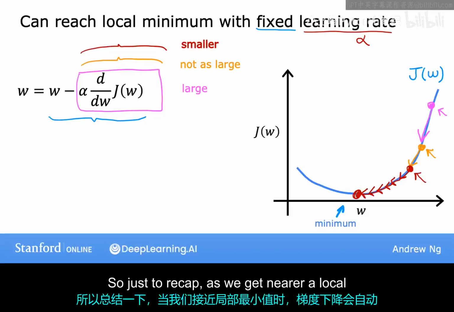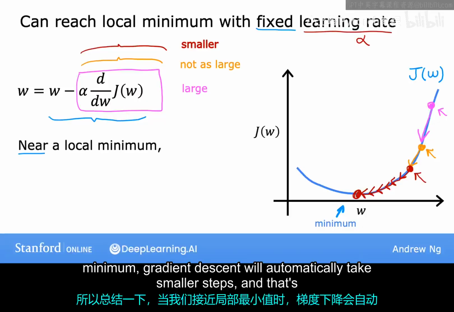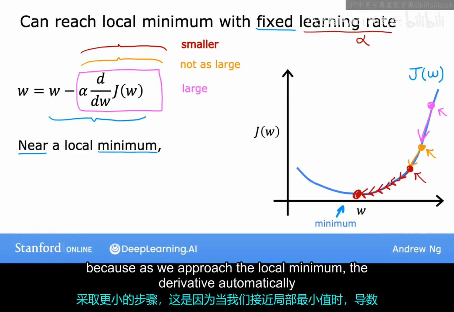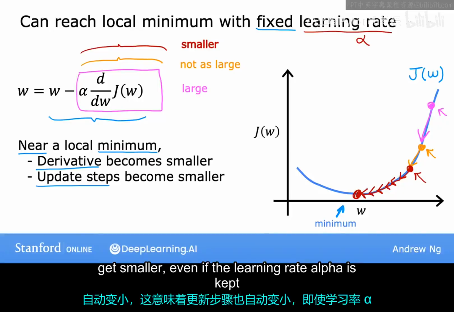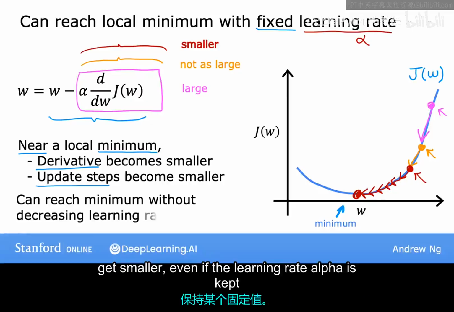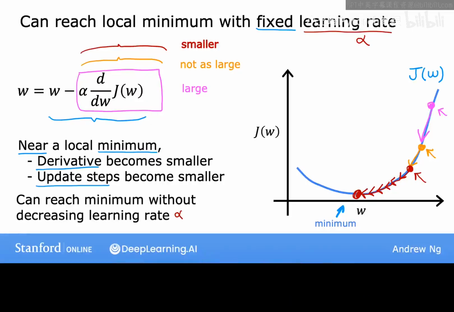So just to recap, as we get nearer a local minimum, gradient descent will automatically take smaller steps. That's because as we approach the local minimum, the derivative automatically gets smaller, and that means the update steps also automatically get smaller, even if the learning rate alpha is kept at some fixed value.